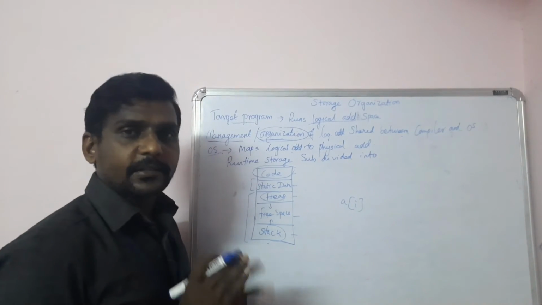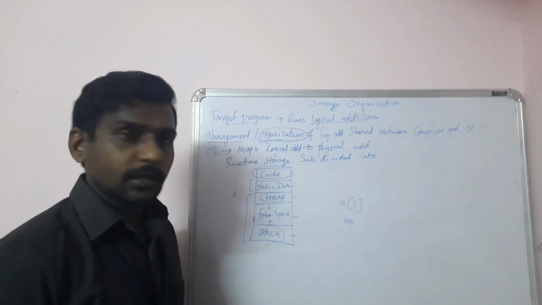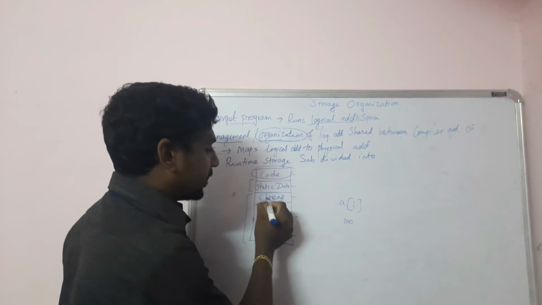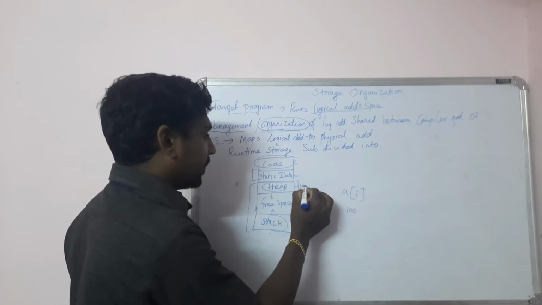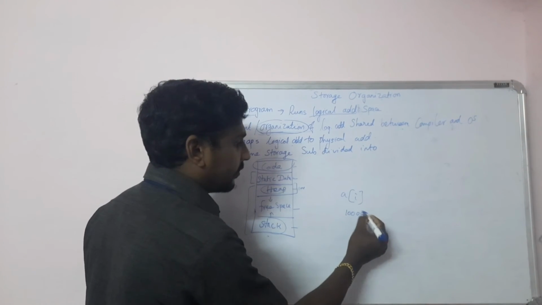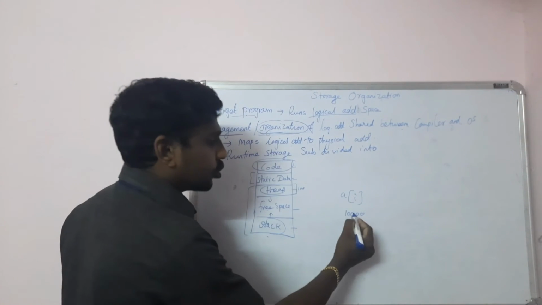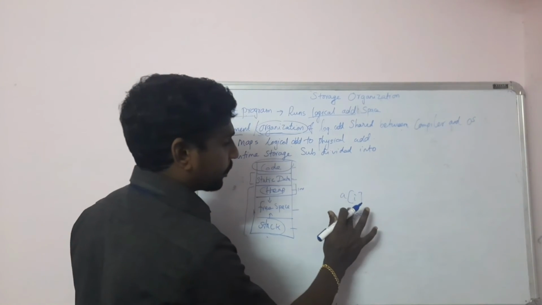Suppose some programmer gives the I value as 100, so 100 memory space, whether in heap or stack, should be allocated. Suppose this is 1000 memory space, for example only. Suppose the I value is 1200.